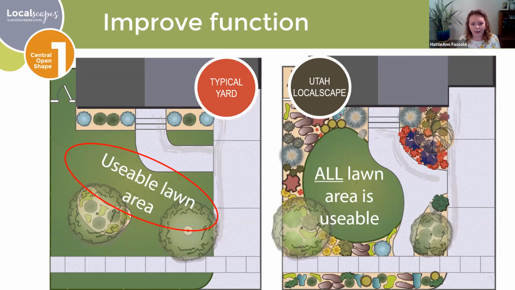And so all it's doing is being watered and you're having to mow it. Whereas in the Utah Localscape there on the right, all of that lawn area is usable. It's an area that is now centralized and where people can actually use it because there's nothing blocking their usage. And it's not in random places that they're not gonna go.